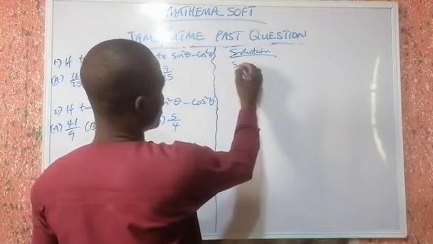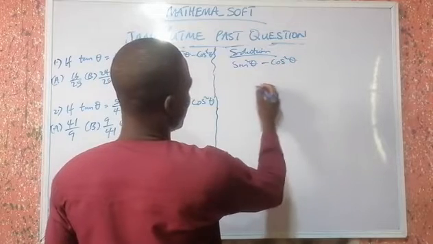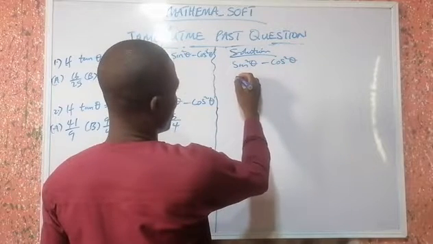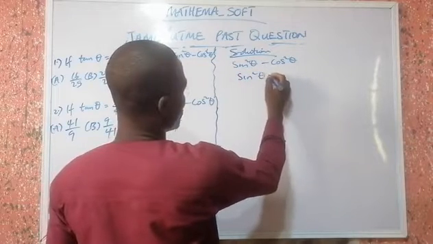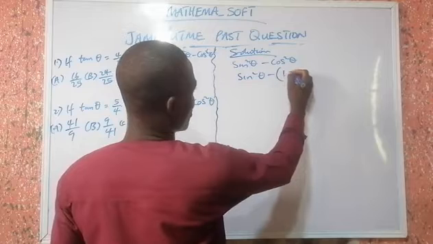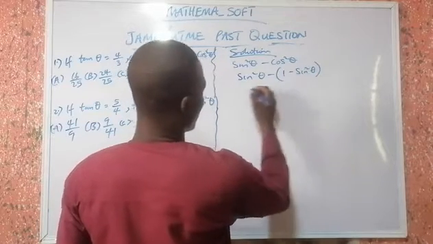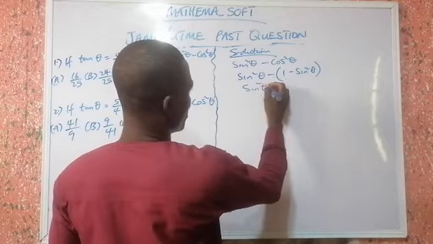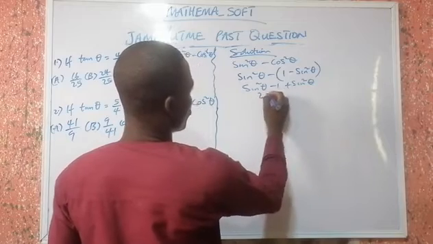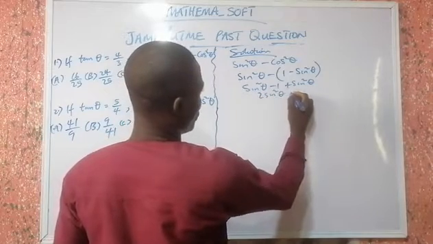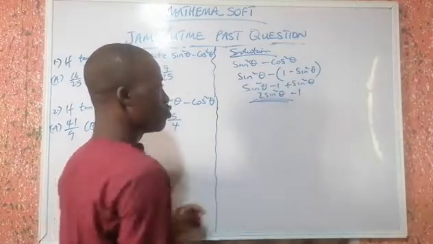We have sine square theta minus cos square theta, and of course we remember that cos square theta is 1 minus sine square theta, and then that will be sine square theta minus 1 plus sine square theta, and that will be 2 sine square theta minus 1.